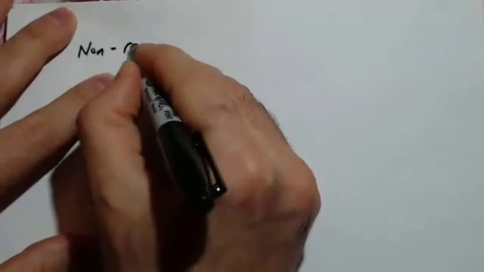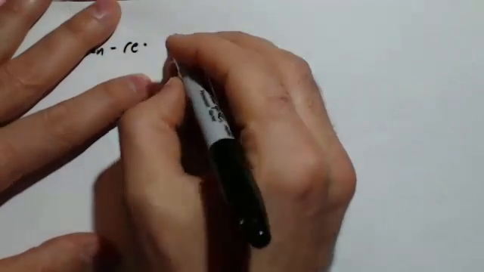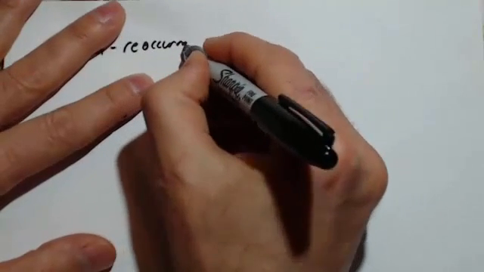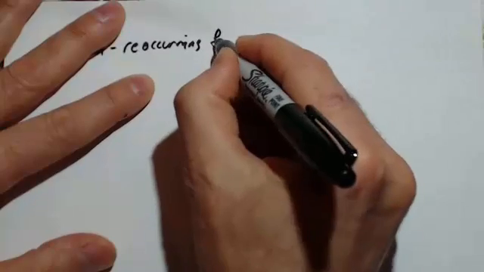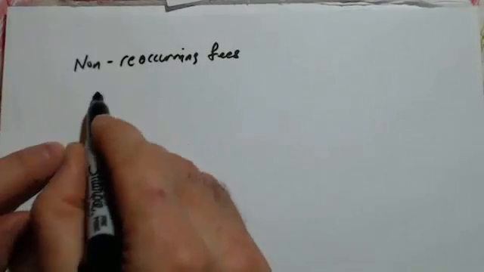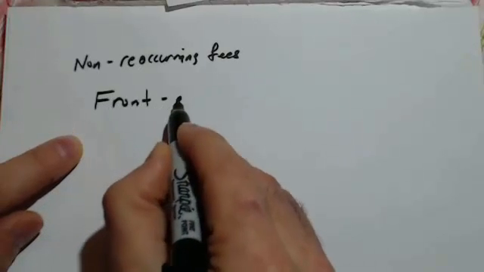Okay. Now let's talk about fees and expenses charged by funds. First off, we want to know that there are recurring fees and there's non-recurring fees, and I want to cover the non-recurring fees first. Non-recurring fees, a good example of that would be front-end loads.